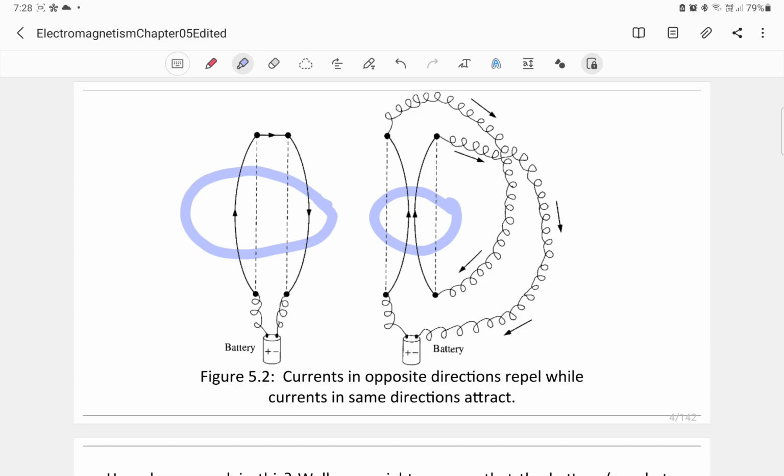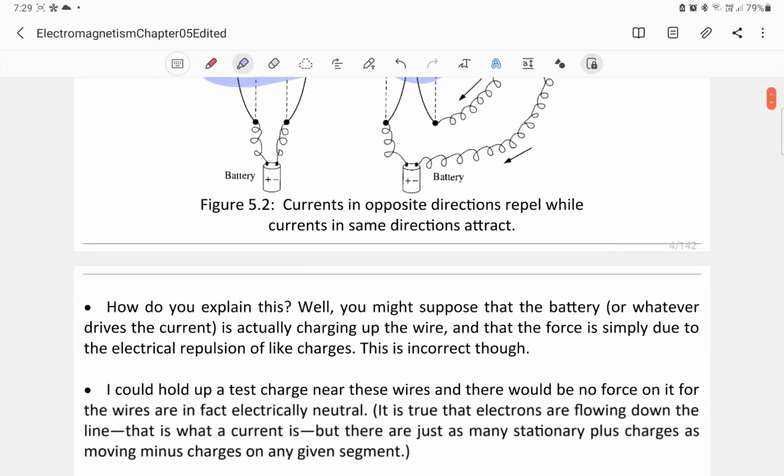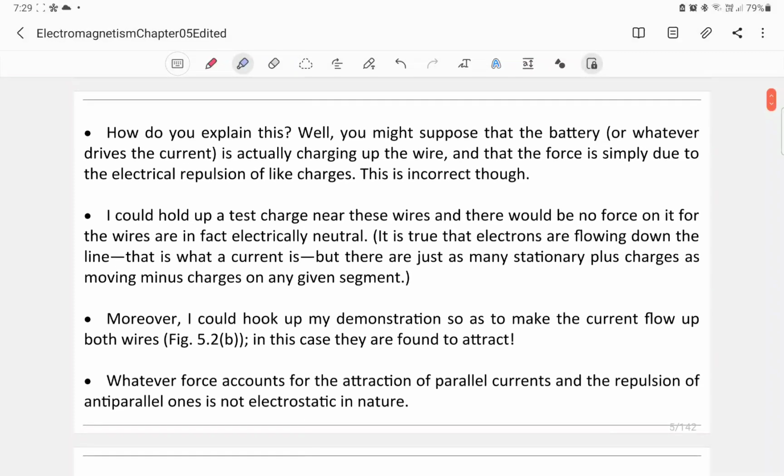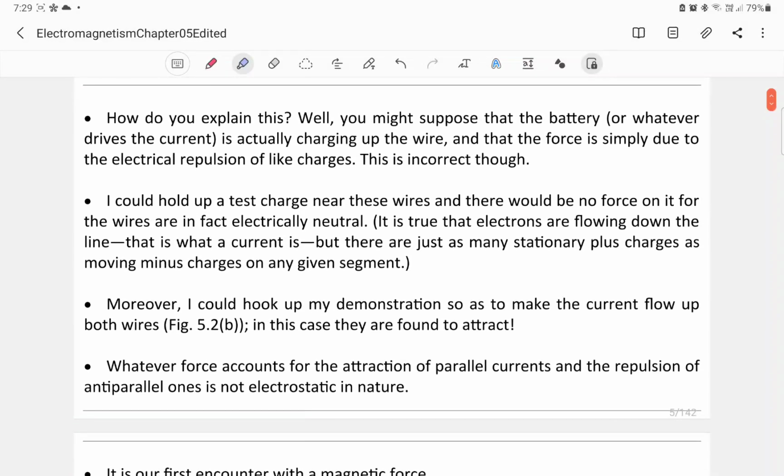What could be the explanation for this? Unlike in electrostatics, where you have attraction of two opposite charges and repulsion of the same type of charges, in this case you have wires.